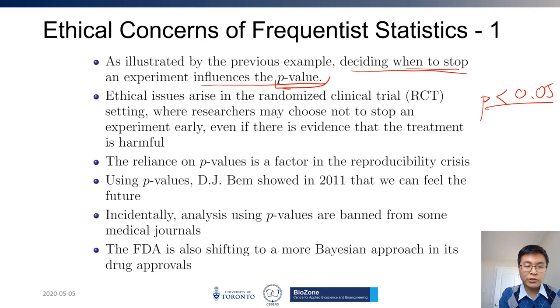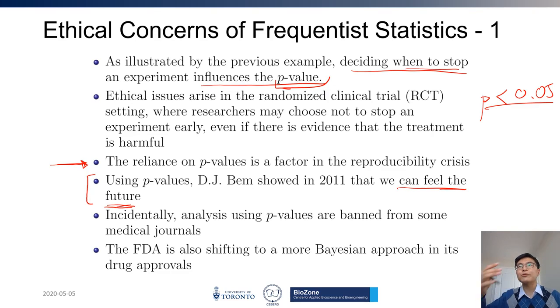And this has been shown many times in the literature where the reliance on p-values is contributing to the reproducibility crisis in science. One example is where in 2011, someone showed that using p-values, using all the right math and all the right calculations and tools that most people use in the literature, they show that we can feel the future.